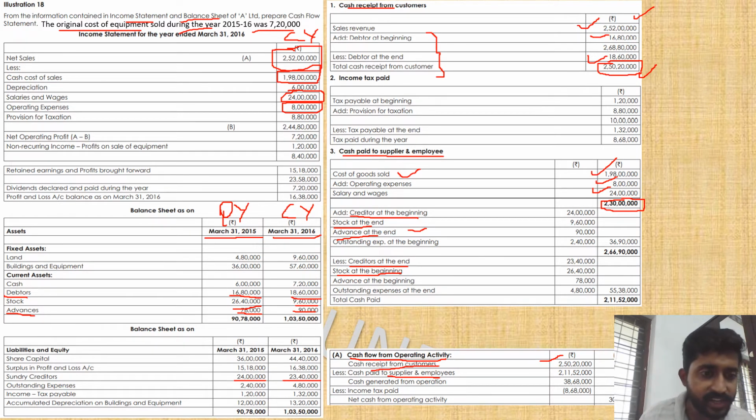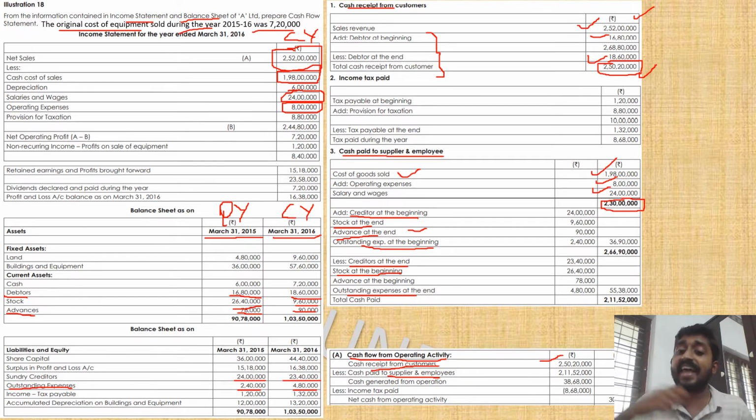The last one is the outstanding expenses. Outstanding expenses is on the liability side, and the treatment is the same as the sundry creditors. So outstanding expenses at the beginning will be added, and outstanding expenses at the end will be reduced. If you see here, outstanding expenses at the beginning is 2.4 lakhs and at the end it is 4.8 lakhs in the current year, which means it has increased.